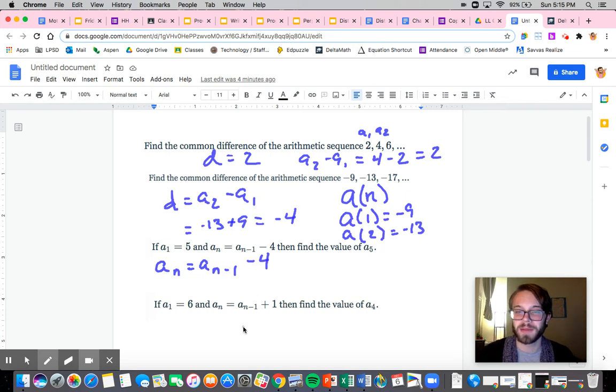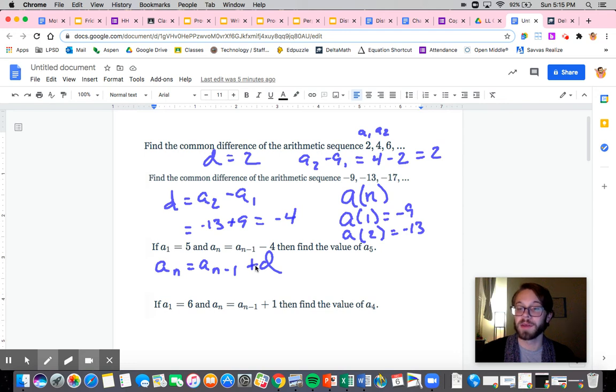All we're doing is taking my 5th term, and to find my 5th term, I use my 4th term, and I just add my difference to it. If I wanted to find the 172nd term, I would just find the 171st term and add the difference.